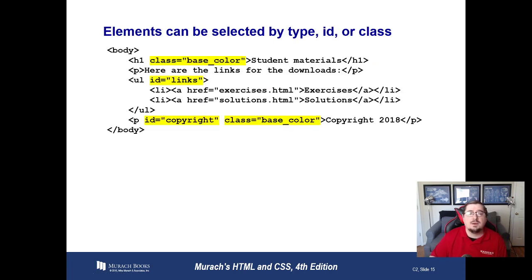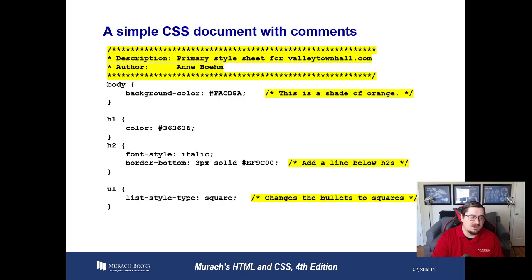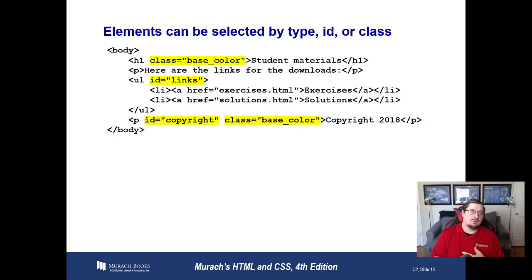Okay, so let's look at styling. Here we talked about a few rules. Each of these rules is what we would call a type selector, because the selector is based on the type of tag. We can also use selectors that select based on the ID or the class. So for instance, here we've added a class, base color, to this header. We've added an ID, links, to this unordered list.